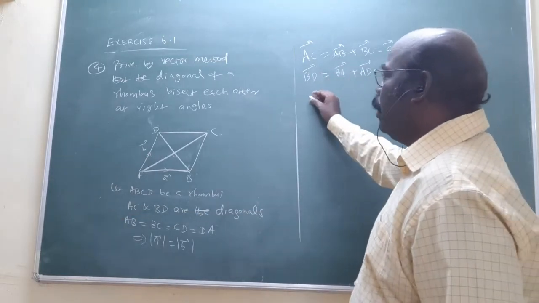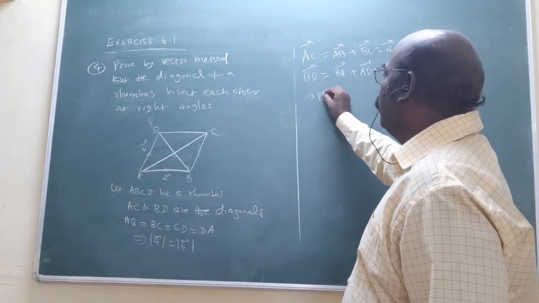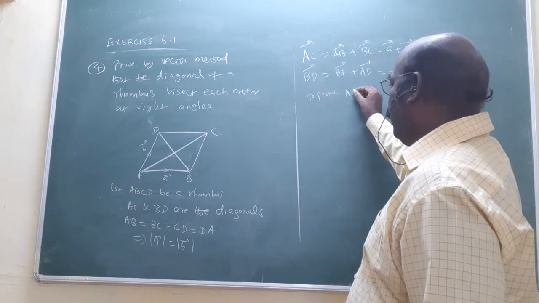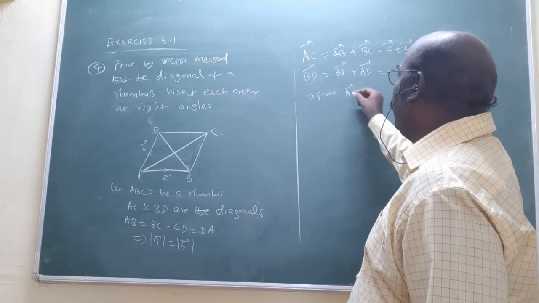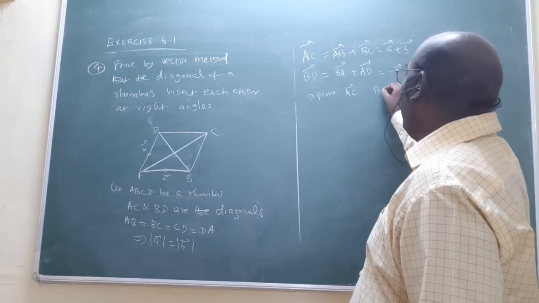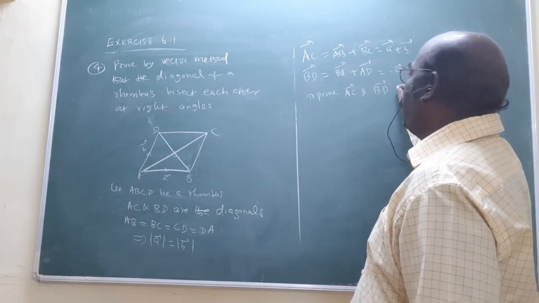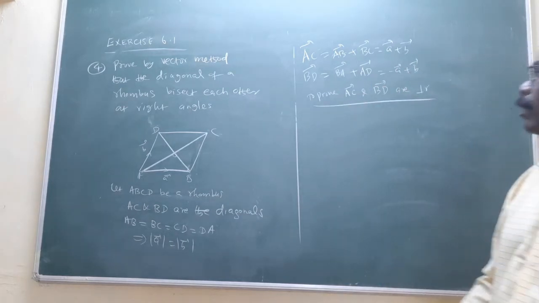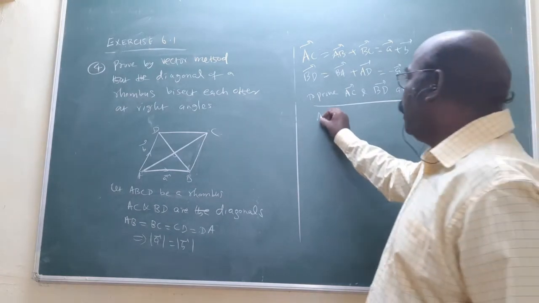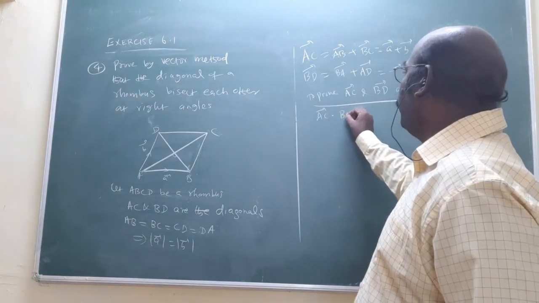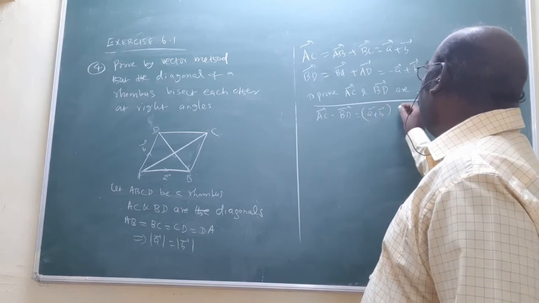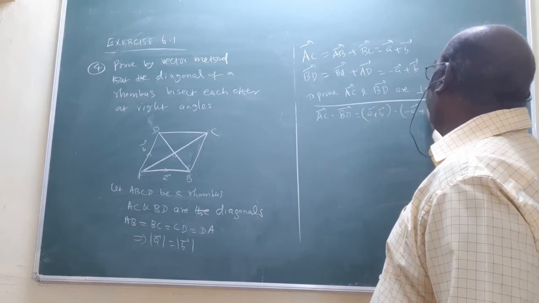Now third part is what? To prove AC vector and BD vector are perpendicular. Am I correct? That is right angle. Now start with the AC vector dot BD vector. This is a plus b, dot, this is minus a plus b.